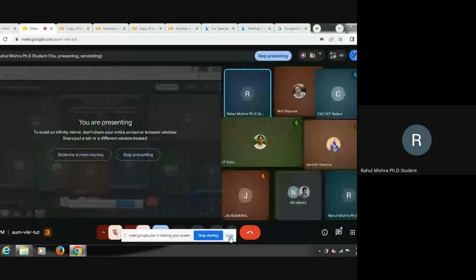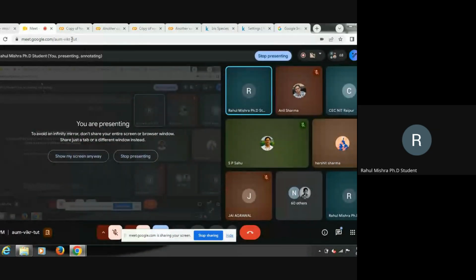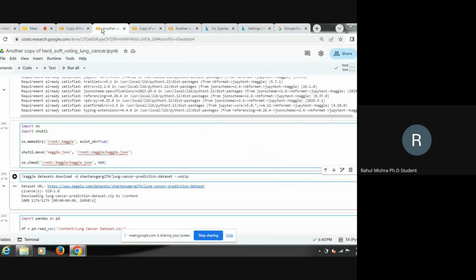Actually, we are seeing that soft voting works better than hard voting. It is a probabilistic way, but how it can practically be implemented, we will go through it. So let me share my screen. Is my screen visible?